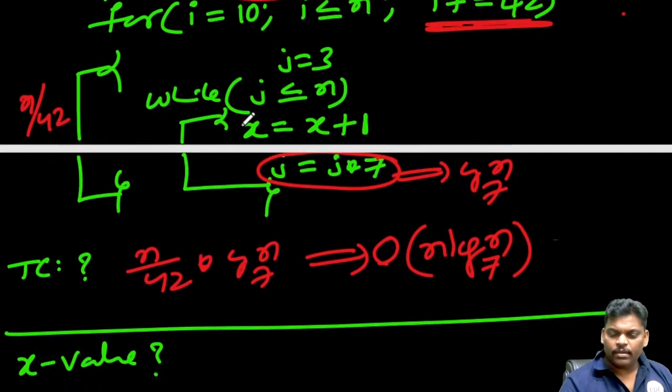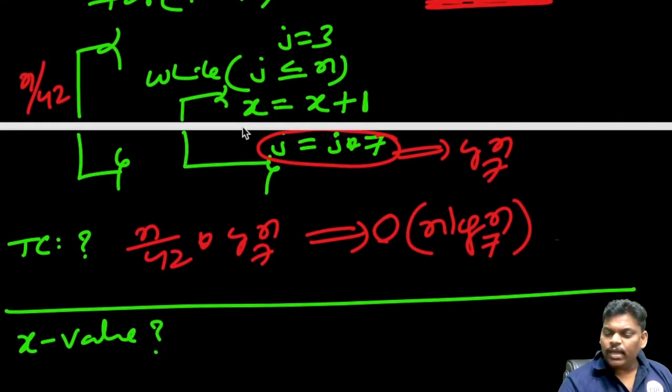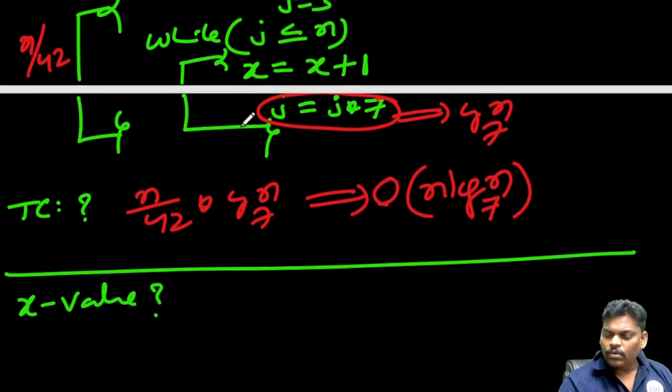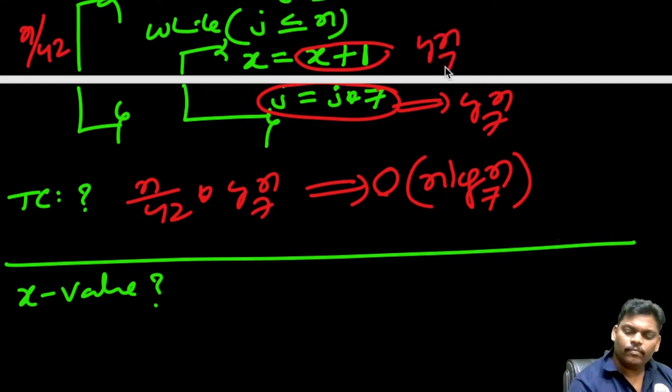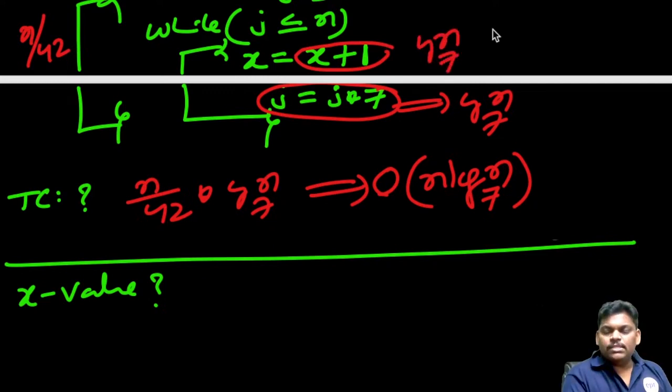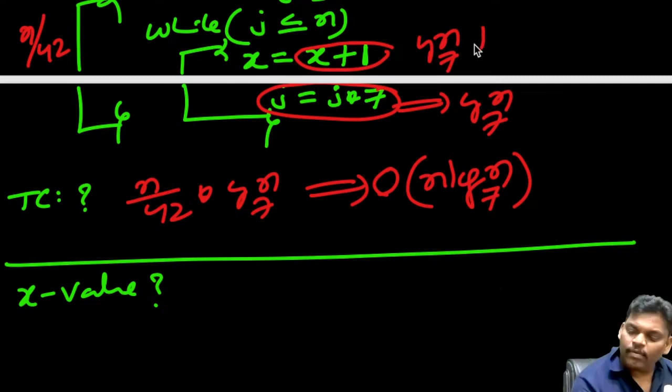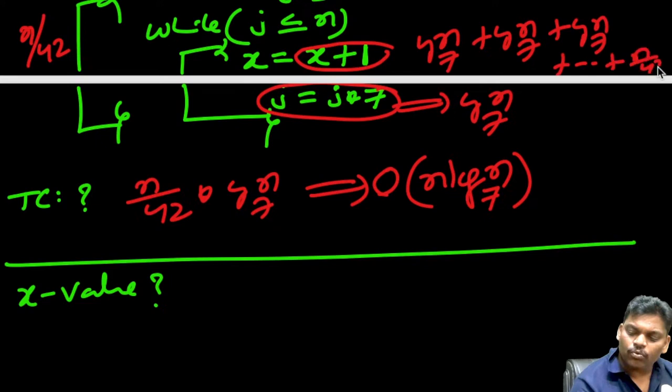See what is happening. For the first i value, x will increment by log n time, because x is always incrementing by 1. So for the first i value, x becomes log n base 7. Second i value, again log n base 7. Third i value, again log n base 7. It will continue how many times? N by 42 times.